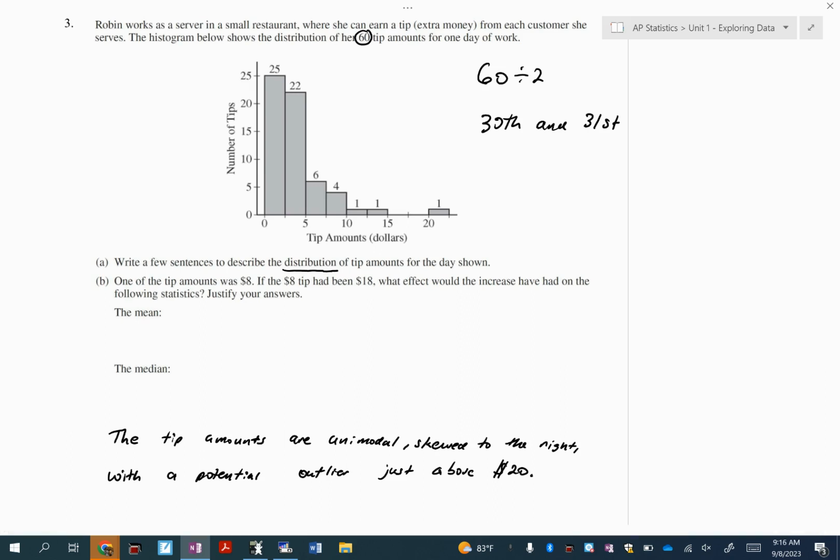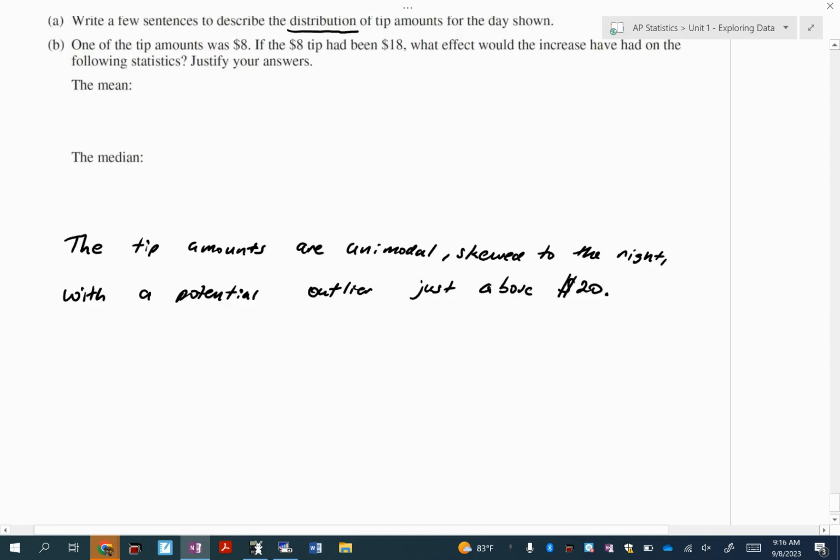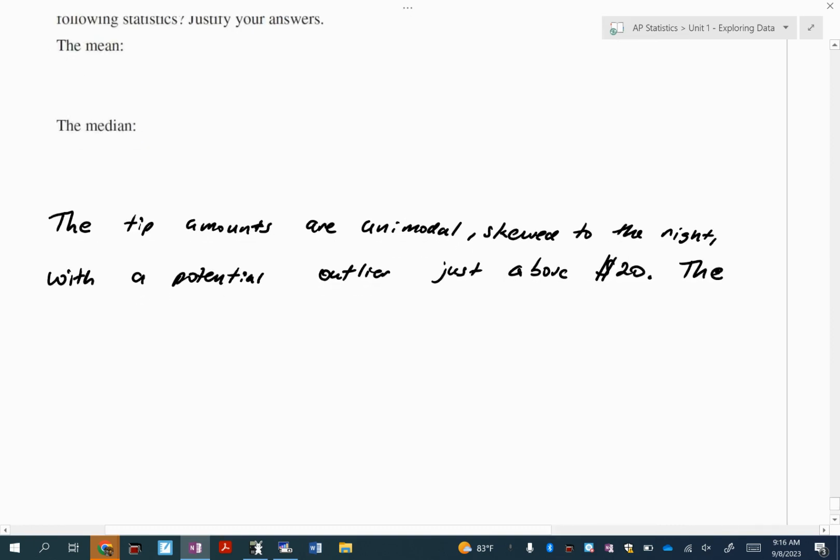So do I know what it is? No, but do I know it's between $2.50 and $5? Yes, I do. So I'm going to say the median tip amount is between $2.50 and $5.